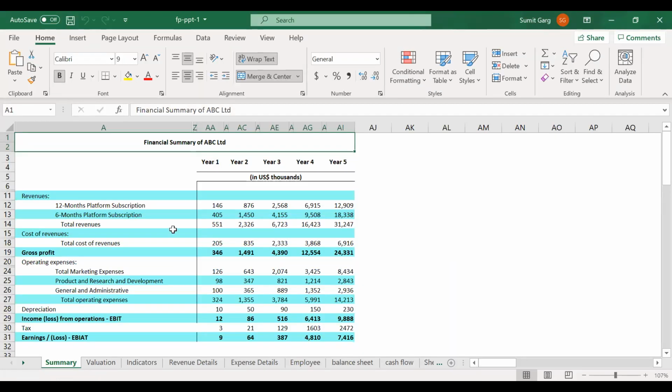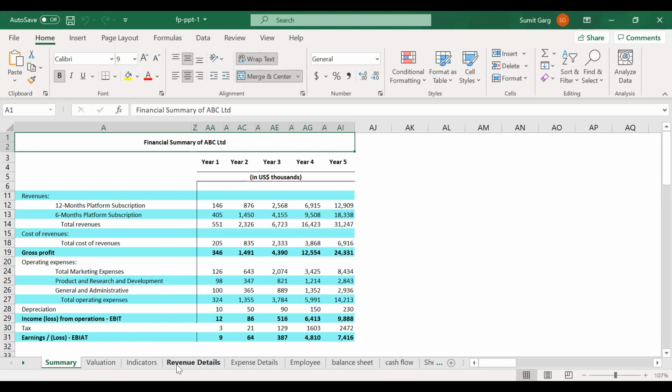As you can see, this is the financial summary for a hypothetical company, ABC Limited, and I have tried to create an income statement for this company. You can also see there are various tabs here.